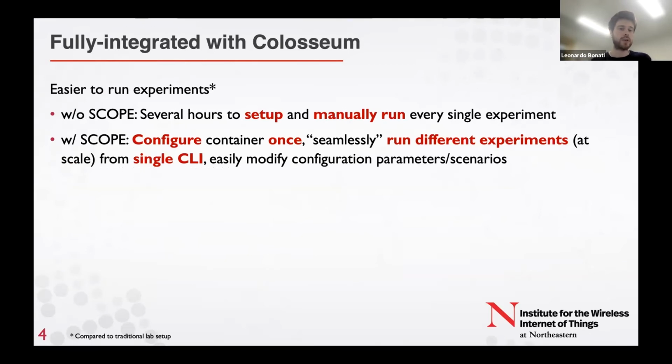Without using SCOPE, so without using just the plain software implementation of the srsRAN network, it may take several hours to set up every single machine, like every single computer, and connect it to every single radio that you have, and to manually run every single experiment that you want to perform. On the contrary, with SCOPE and Colosseum, you can configure your container once. So you reserve a container on Colosseum, and you configure it to achieve what you want to achieve.